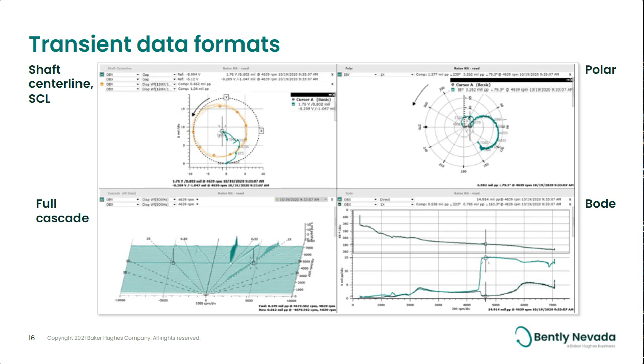It is a plot that can be affected by thermal growth, and so on a startup, I'm not fond of them. Shutdowns, there's usually not much thermal growth taking place, so it's probably good to use then, but still I don't hang my hat on that plot for a diagnosis. I go to the other plots and see what's going on with the rotor.